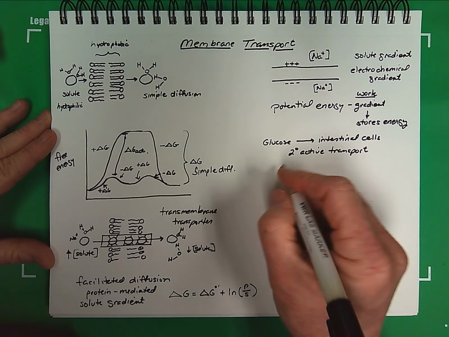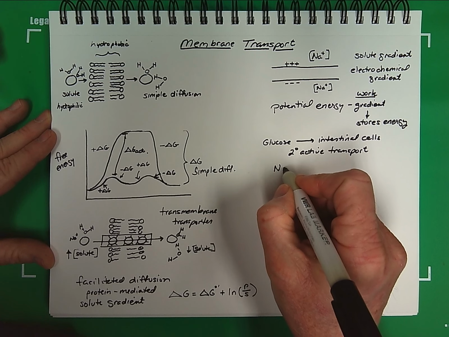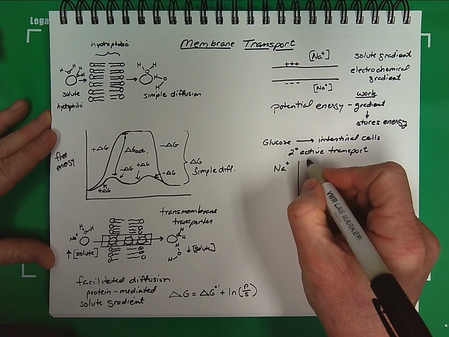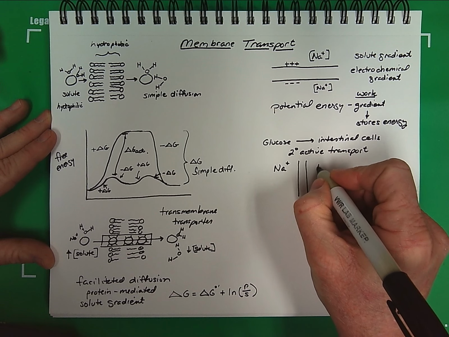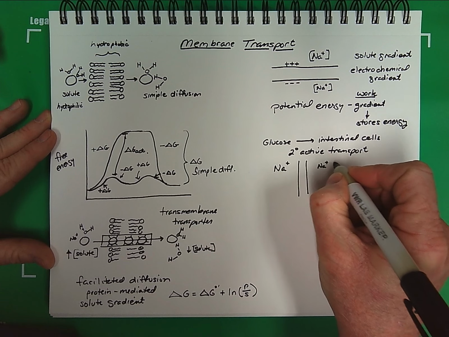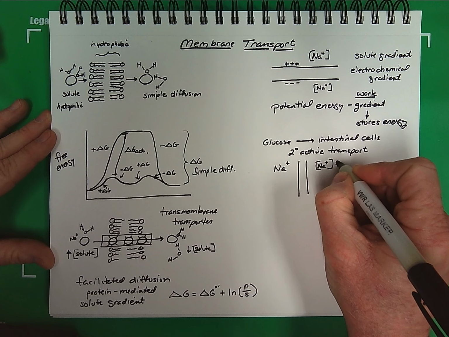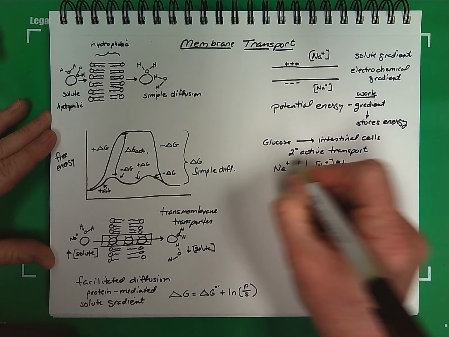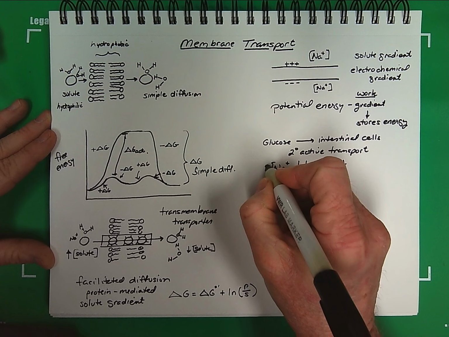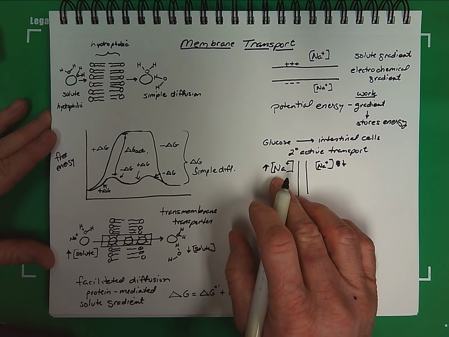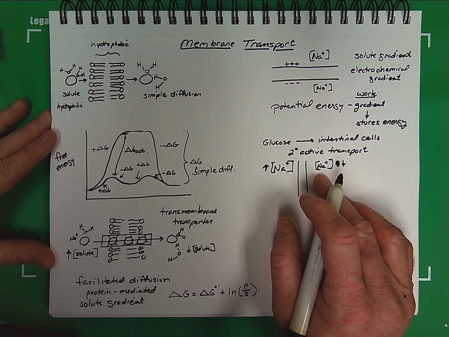In this case, we have a sodium gradient, which is much higher than the sodium concentration inside. So if this is the inside of the cell, this is the outside of the cell. Sodium concentration is higher on the outside than on the inside.